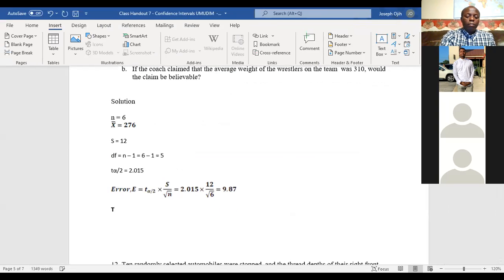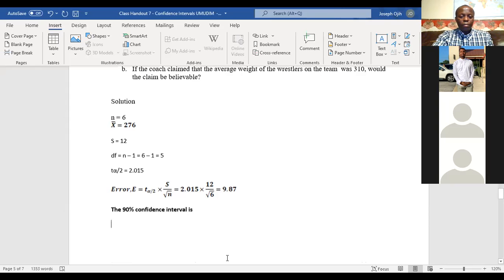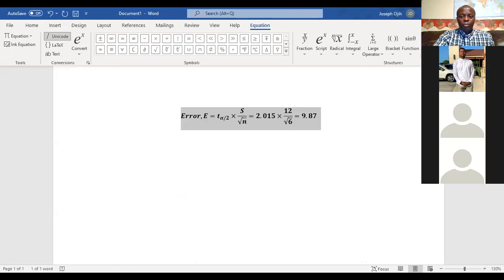So the 90% confidence interval is given by this formula, x bar minus error. The same process we followed before: on the left side, subtract; on the right side, add.